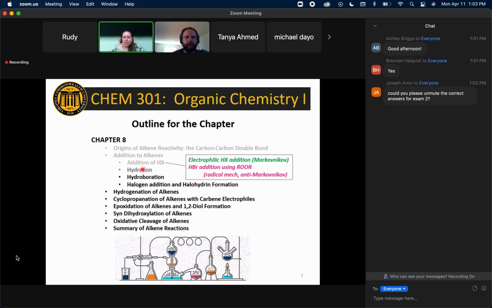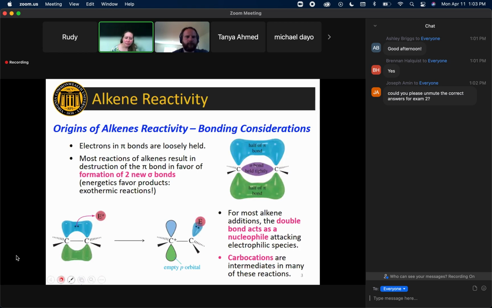We started in on hydration last week, and I will pick up from where we left off and carry through the next couple of bullet points here. As a reminder, most, not all, but most of our alkene reactivity stems from the fact that we have pi electrons that are loosely held in the pi bond, so they can act in a nucleophilic manner to attack an electrophile and form a new carbon-electrophile bond, often transferring that electrophilic nature to the other carbon of the alkene.